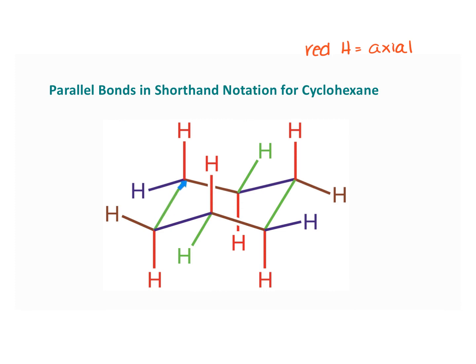This carbon-carbon bond in green is parallel to this carbon-hydrogen bond. This carbon and hydrogen bond in purple is parallel to this carbon-carbon bond. This carbon-carbon bond in purple is parallel to this carbon-hydrogen bond. So the axials aren't parallel to anything, but the equatorials are parallel to other bonds in the ring.